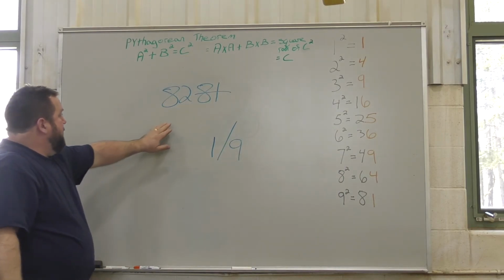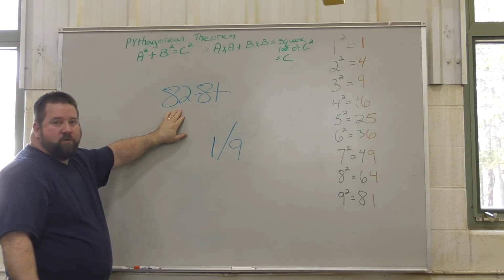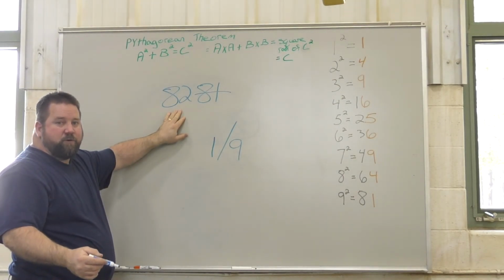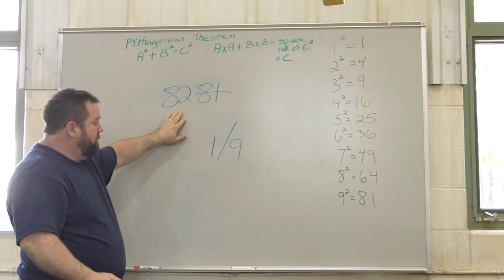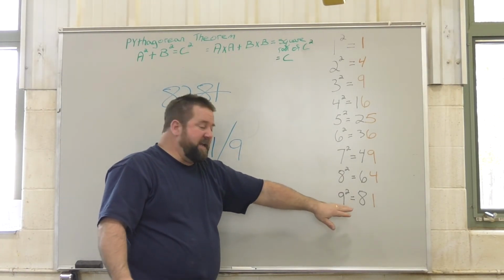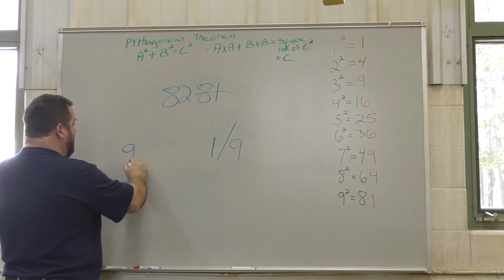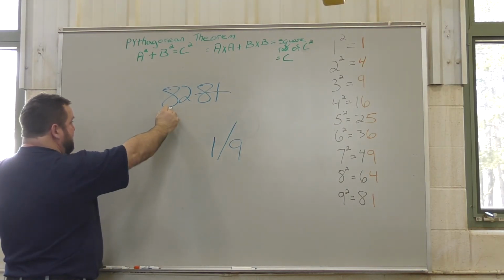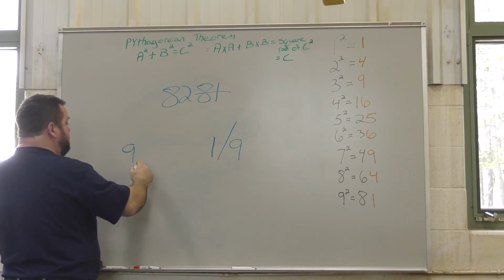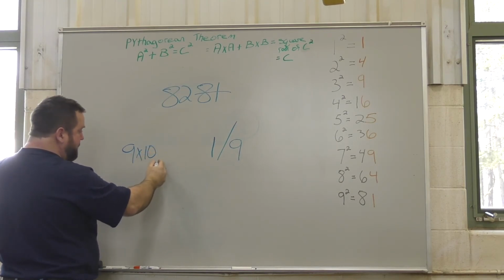Then we're going to take 82. What number squared is equal to or less than 82? We know 9 times 9 is 81, so we're going to use 9 because it's less than 82. We multiply 9 times the next number, which is 10: 8, 9, 10.